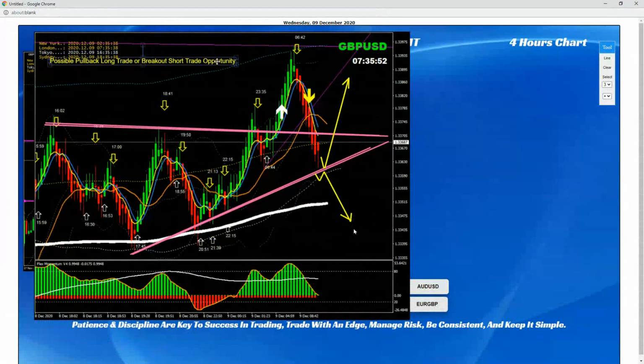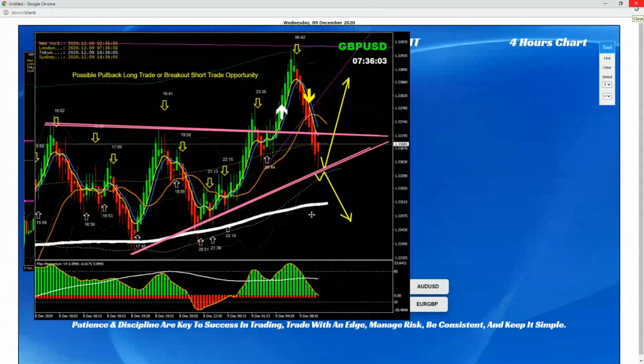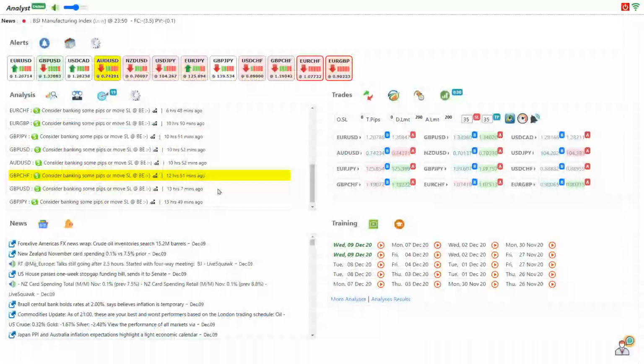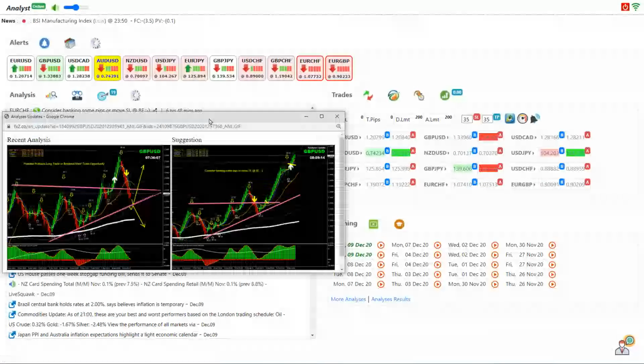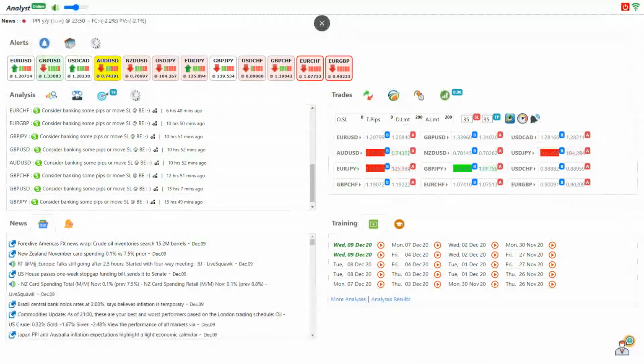Once that analysis is done, it is broadcast instantly on the platform, which you can see here. And this is the analysis. And this is the analysis. And not just broadcasting analysis, because we're also watching that pair, as soon as the price behaves according to the analysis, we broadcast that information instantly through live audio commentary, which you can see here, and all the members can listen, because we're also watching all these 12 major currency pairs here.